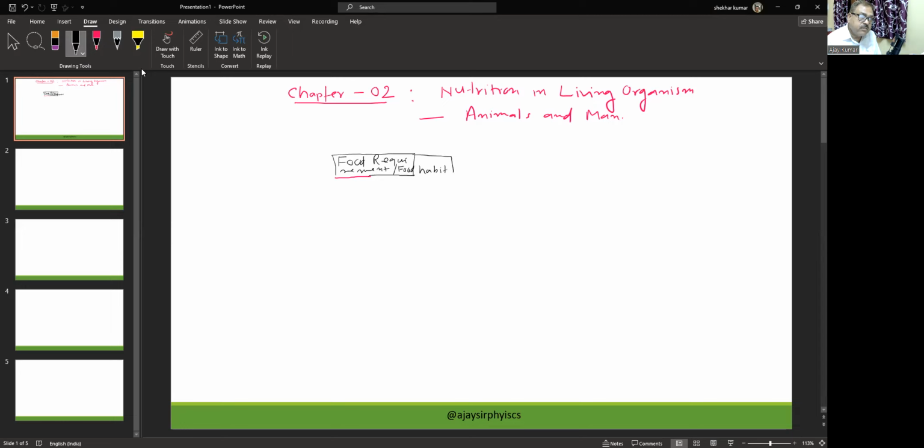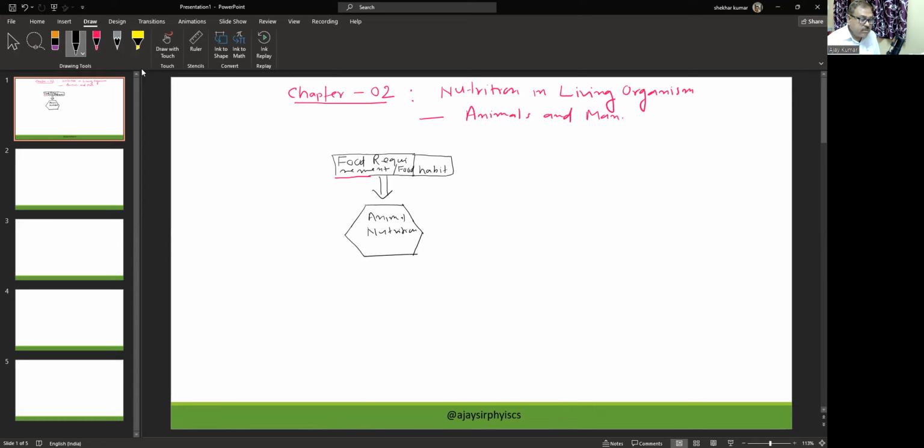This is the one requirement. Why the animal nutrition. Just we have taken one block diagram to decide how nutrition is going on in the animals.